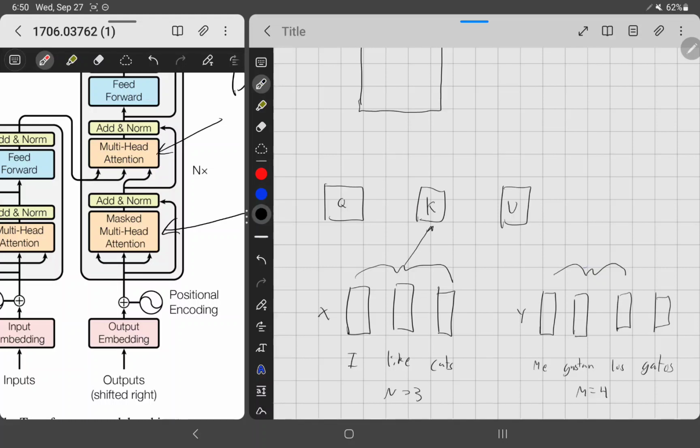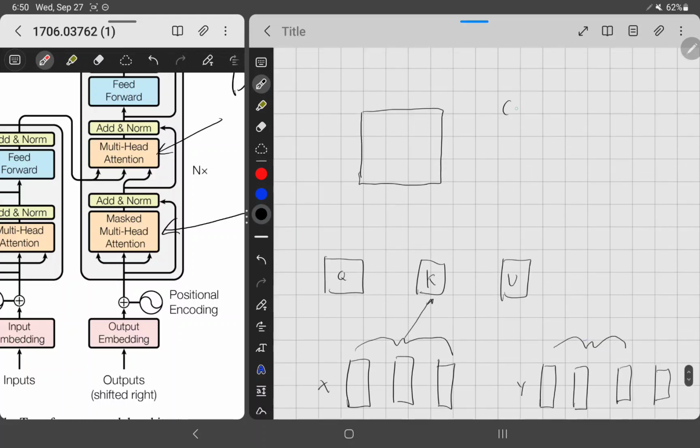Do you remember what order it was? You're multiplying along the d dimension, so X will be the keys and values, and Y would be the queries. Okay. I always forget the order of that.